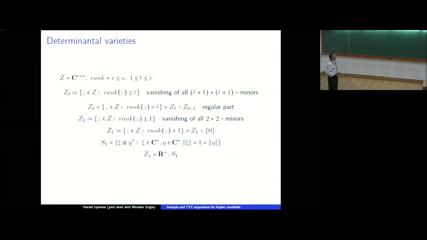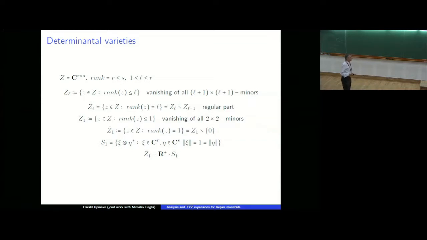Then I define Z sub L. We had L equal to 1 in the first case. It is all matrices of rank less than or equal to L. That is, of course, an affine algebraic variety defined by the vanishing of all minors of order L plus 1, not only the principal minors, that's not enough, but all block minors that you can have of order L plus 1.